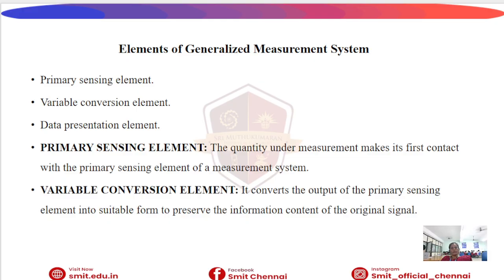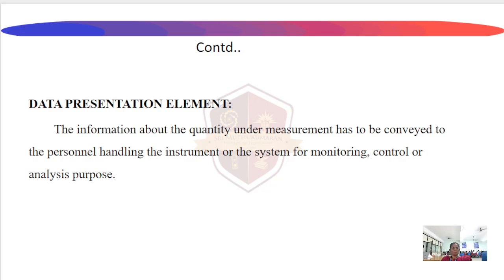The output of the primary sensing element may not be suitable for display. Hence, it is converted into a more convenient form using a variable conversion element. For example, mechanical displacement may be converted into an electrical signal using a transducer. This conversion preserves the information content of the original signal.